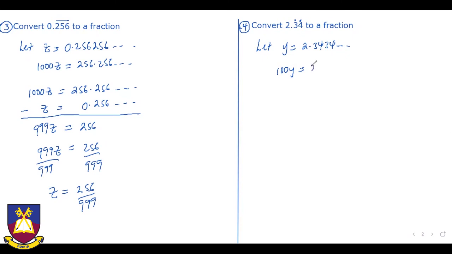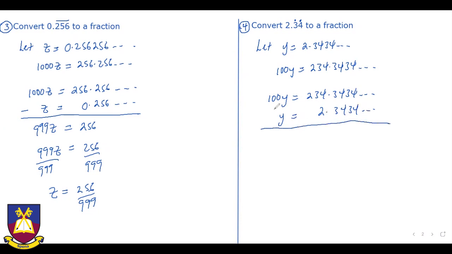100y will be 234.3434 recurring. So we're going to get these two and we subtract them. 100y is equal to 234.3434 recurring. Then y is equal to 2.3434 recurring.